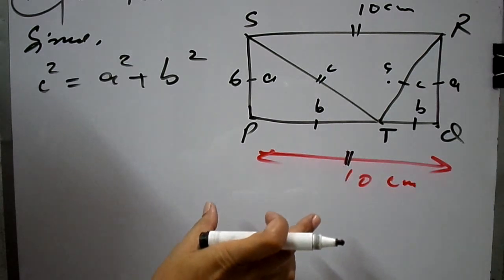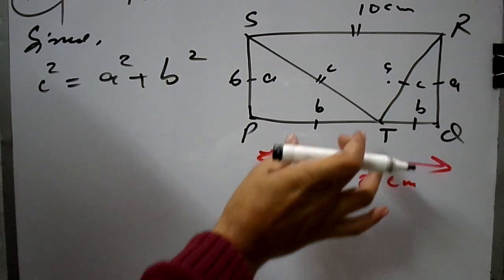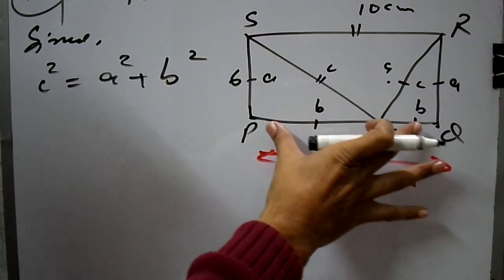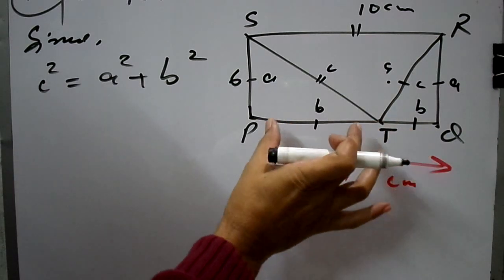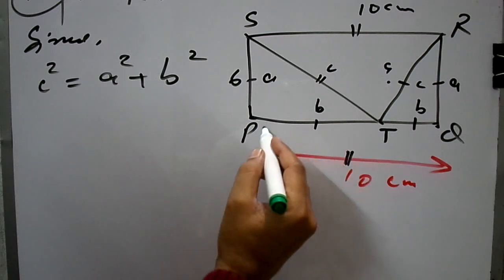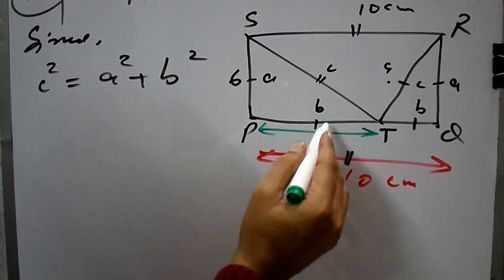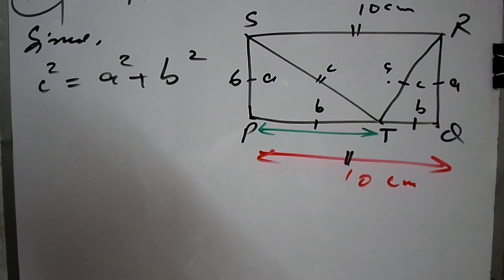So first you should know that as T is a point on PQ, first we have to find PT. If I am able to find this side, that is PT, which is known as B, then you will be able to find RT.